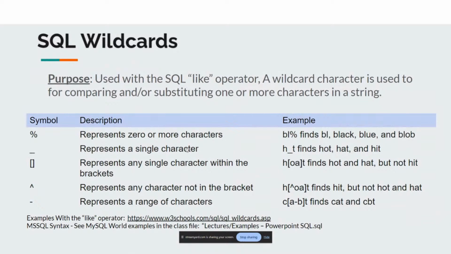All right, so SQL wildcards. The purpose is that the SQL LIKE operator is used for comparing and/or substituting one or more characters in a string. Oftentimes you're using LIKE along with these symbols to get little substrings out of a longer character string, either substituting or matching.